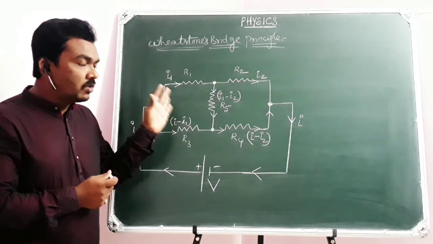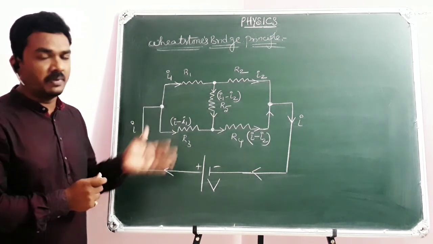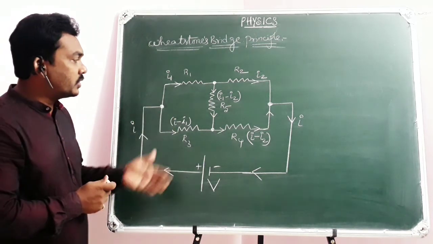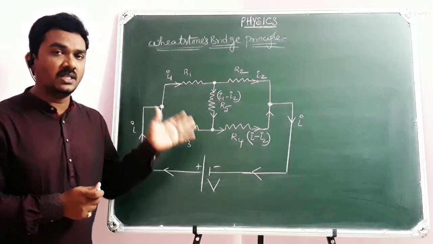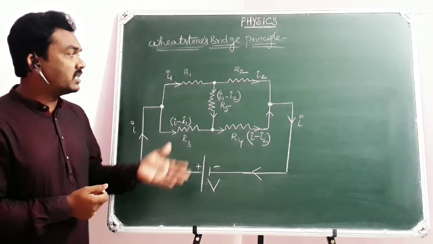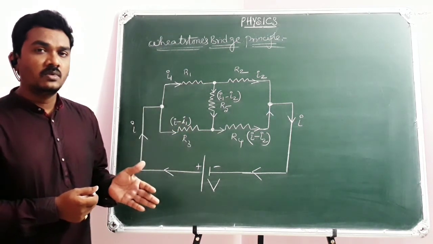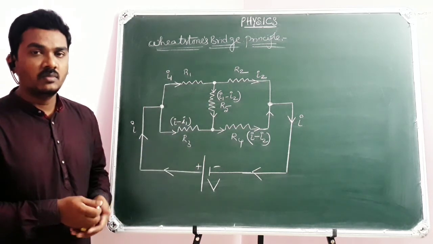Now at this particular moment, we will not be able to identify which are in series and which are in parallel. The reason is we don't have any resistors carrying the same current to say they are in series. We don't have any resistors at the same voltage to conclude they are in parallel.